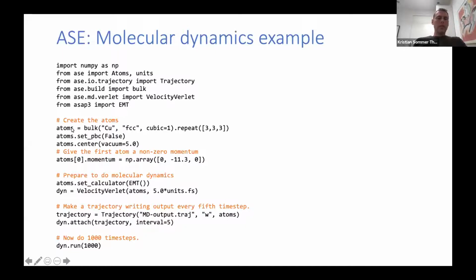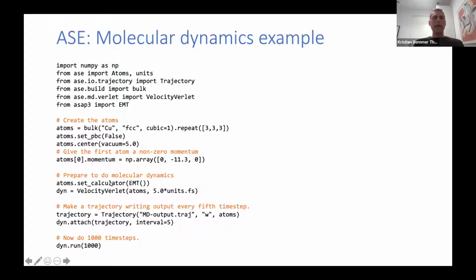And in this case, we set up some atoms that are just an FCC bulk crystal, or a 3x3x3 cube of an FCC copper bulk crystal. We do not use periodic boundary conditions. And we add some vacuum, 5 angstroms of vacuum around all sides of this cluster. And then we give the first atom a momentum in the y direction.